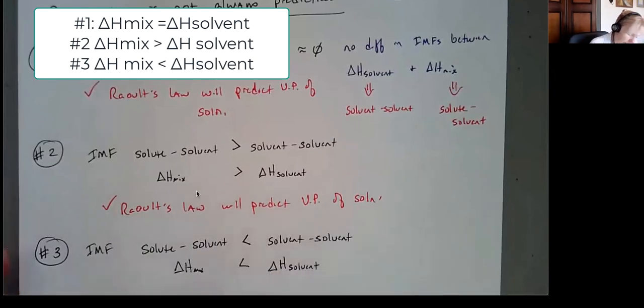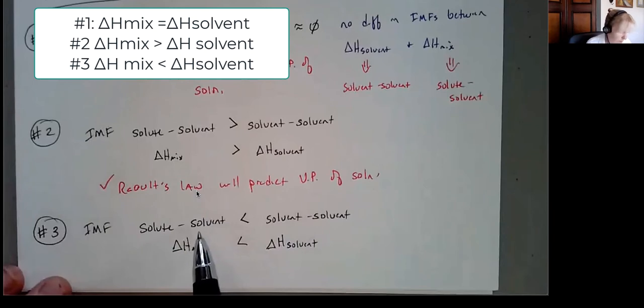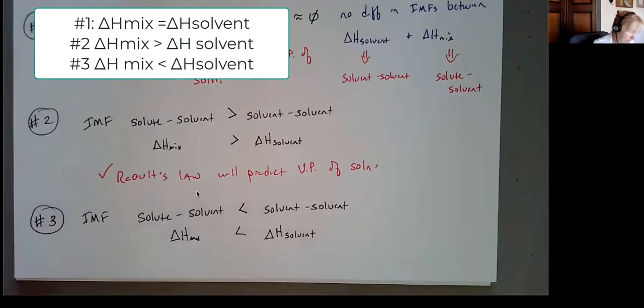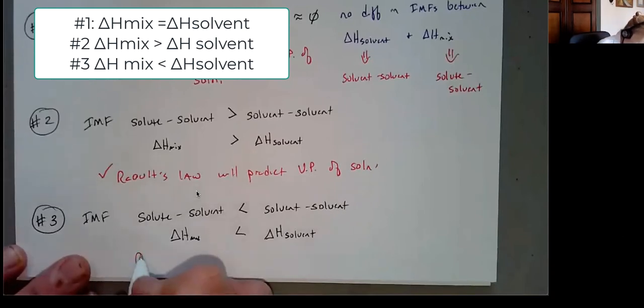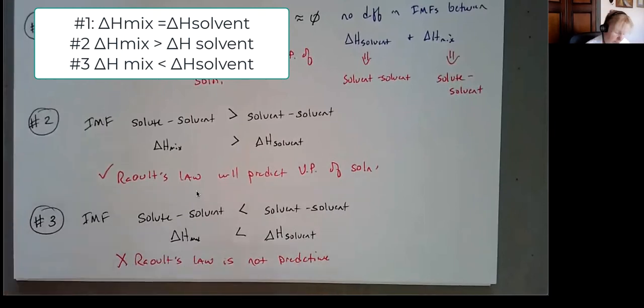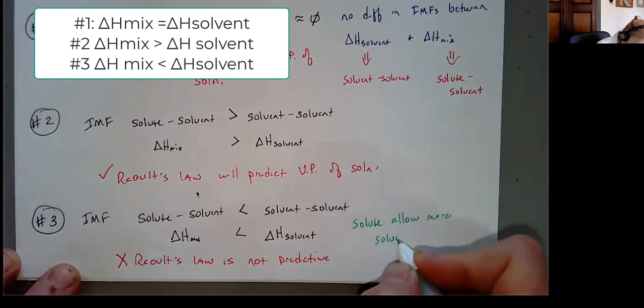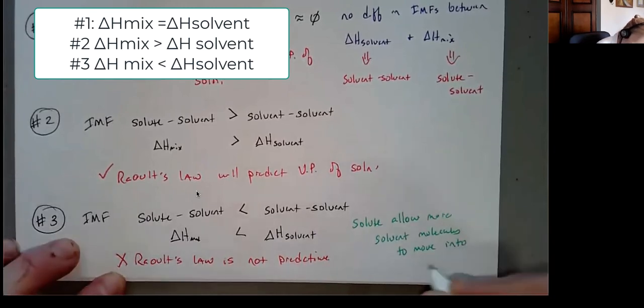Because this is less, the intermolecular force between the solute molecules and the solvent molecules is less, that means it's actually going to allow more solvent molecules to move into the gas phase than what you would predict. And so in this instance, Raoult's law is not predictive, I cannot use it, because the solute will allow more solvent molecules to move into the gas phase.